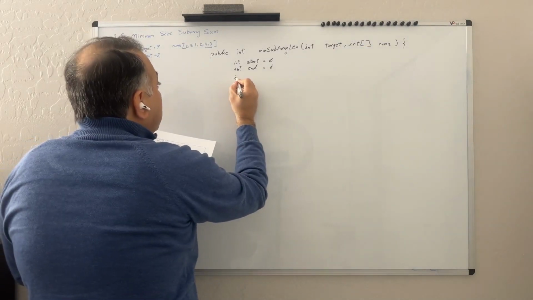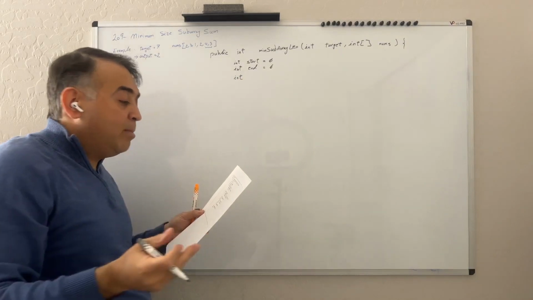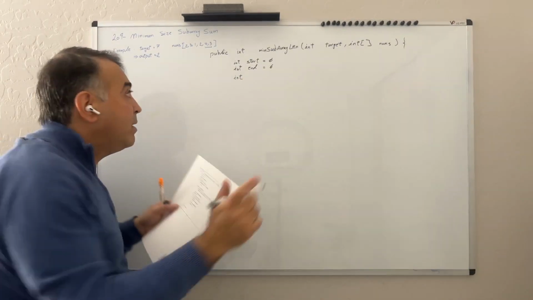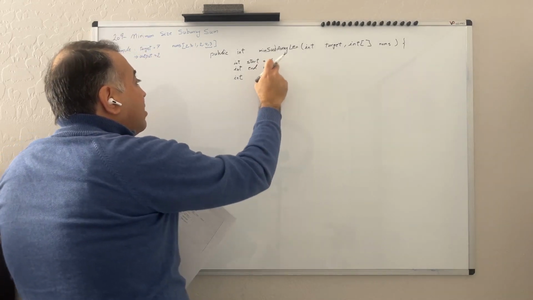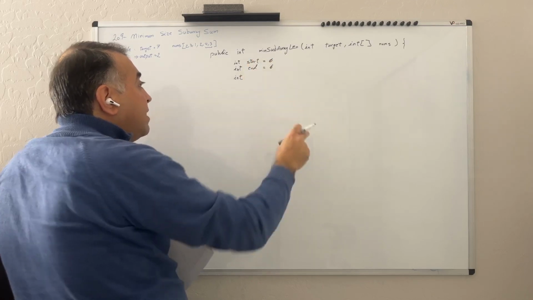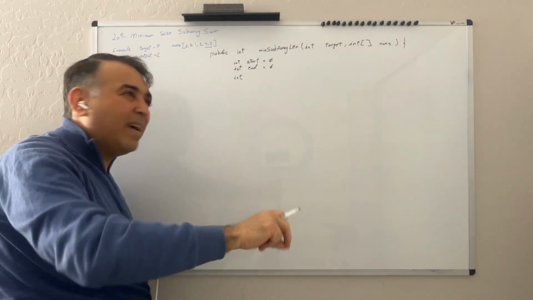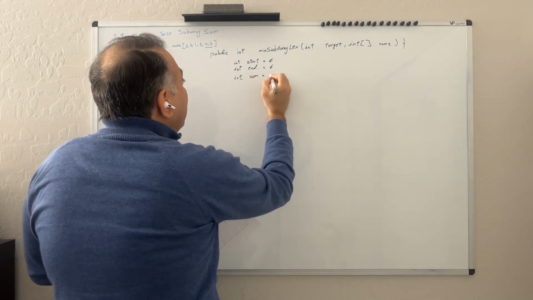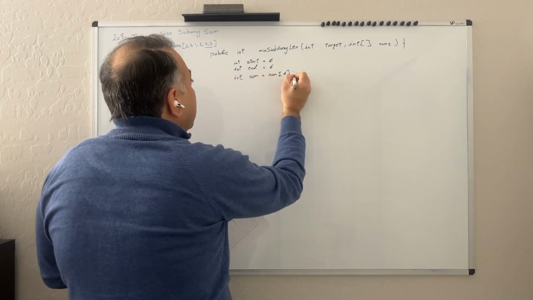Then I need to define a variable to keep the sum of the items that we have in the window. And because currently we are setting the start and end of the window to the first item in the array, the sum will be equal to the value of the first item in the array.